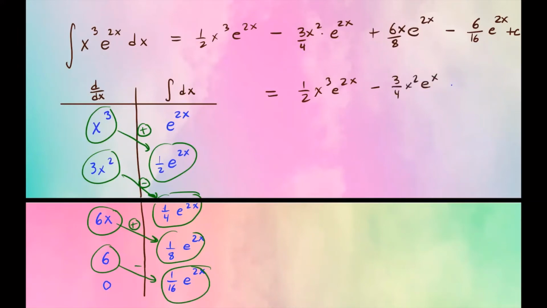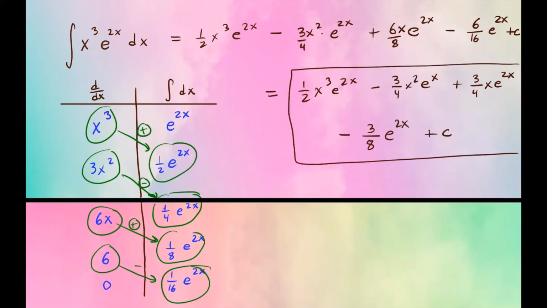And then plus, now 6 and 8, I can simplify them, so this will be plus 3/4 x e to the 2x. And the last one, 6 and 16, so that's going to be 3/8 e to the 2x plus c. So that will be our final answer for this problem.